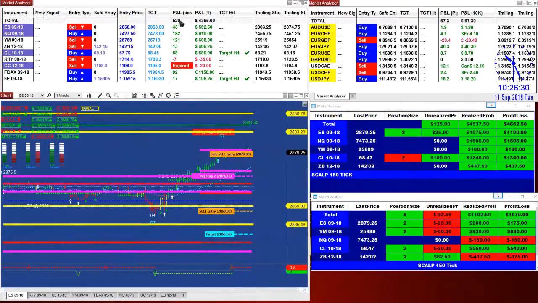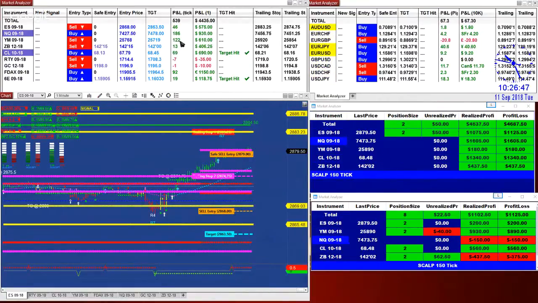At the moment, we have 529 ticks based from the last entry signal. It's not all day long, it is based from the last entry signal. And we have on the NASDAQ 185 ticks. And on the YM, we have 122 ticks and 13 ticks based from the last entry signal.